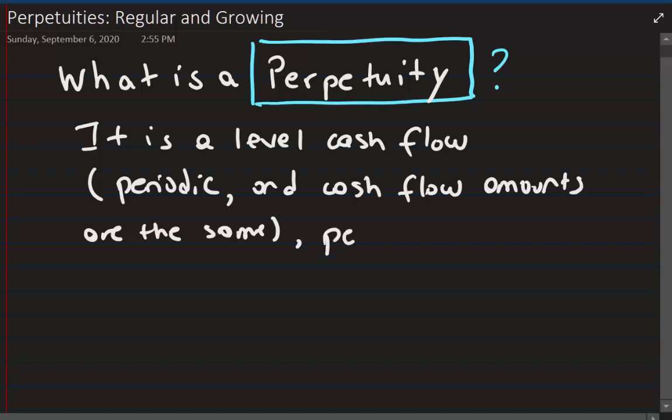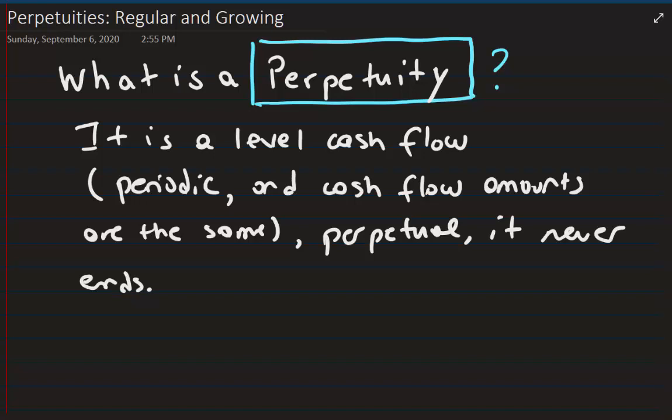But it's also perpetual, which means it never ends. You're probably thinking this is some sort of theoretical concept that we're not ever going to see in practice. Well, you would be wrong.